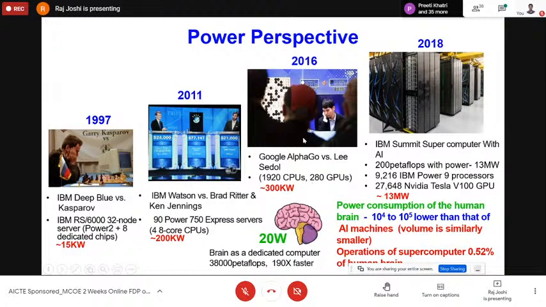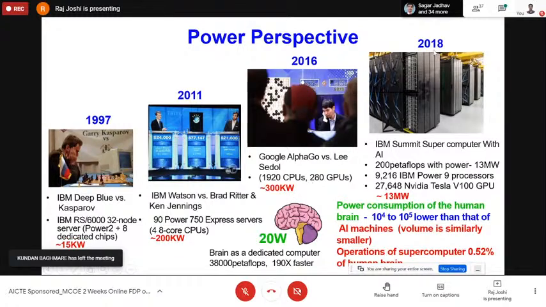In 2016, Google's AlphaGo game was played and it defeated Lee. It used close to 2,000 CPUs and 280 GPUs. A GPU is a graphical processing unit, which is customized and plays a role in AI. It generated 300 kilowatts.